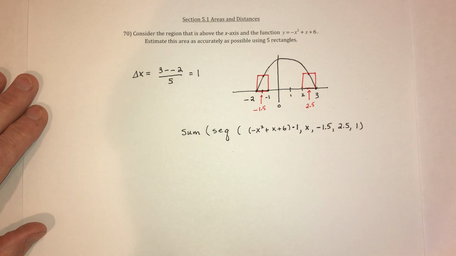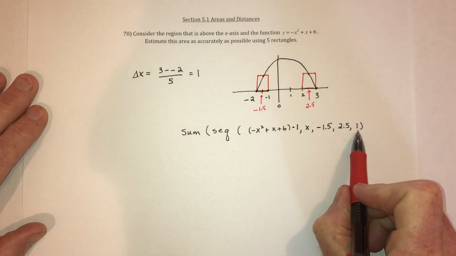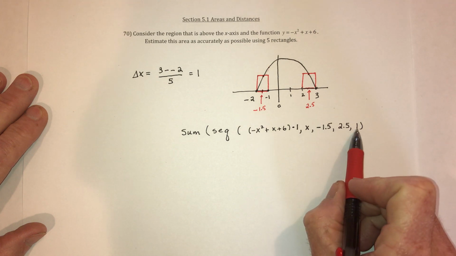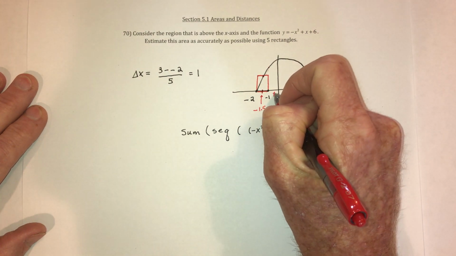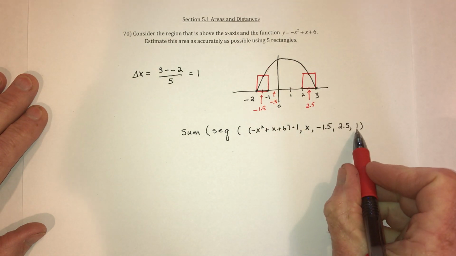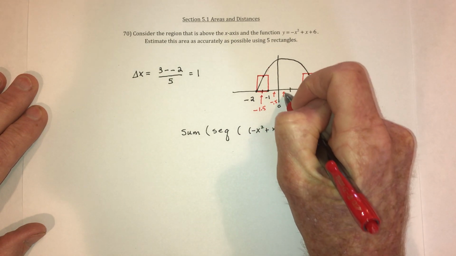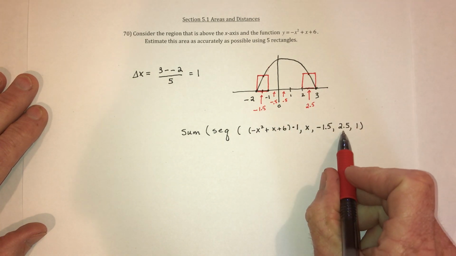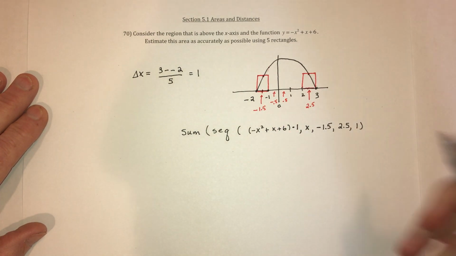So that last delta x right there means it's going to start at -1.5, and then it's going to add 1. So then that would be -0.5. And then it's going to add another 1, and that's going to be +0.5, etc. And it's going to keep going until it gets to 2.5.